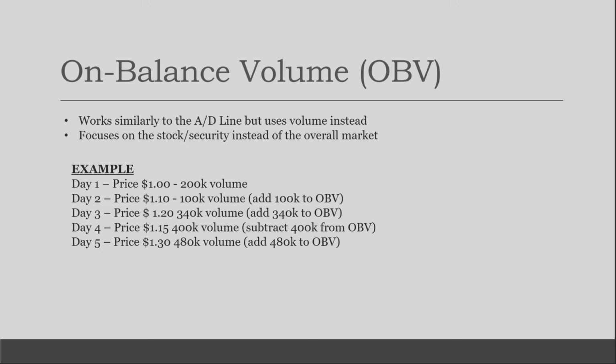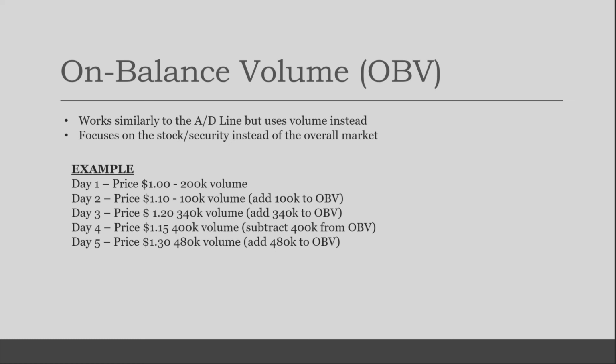Even if the volume is lower, we would still add it because the price increased in comparison to the previous day. Let's have a look at day number 3. The price increased in comparison to day number 2. We know that we will add the volume to the OBV indicator. The volume on day number 3 was 340,000, so we would add 340,000 to our OBV.